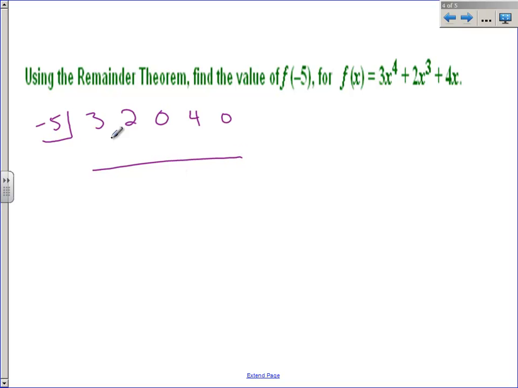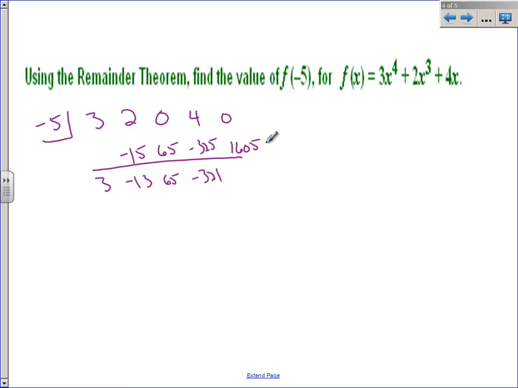All right, so let's set this up. Multiply, add. Multiply, add. Goodness, what's 5 times 65? That's negative 325. Multiply, add. And what is that? 1605.